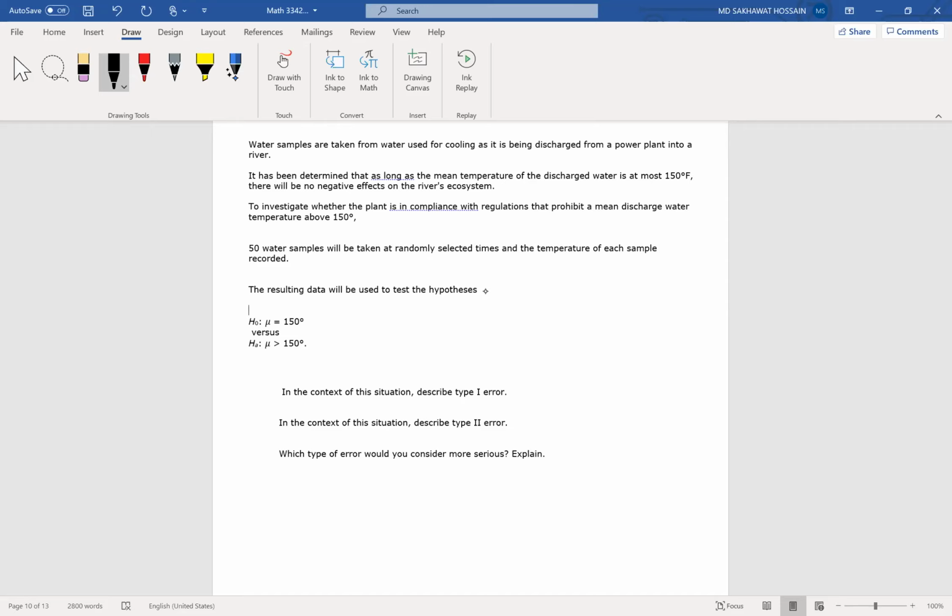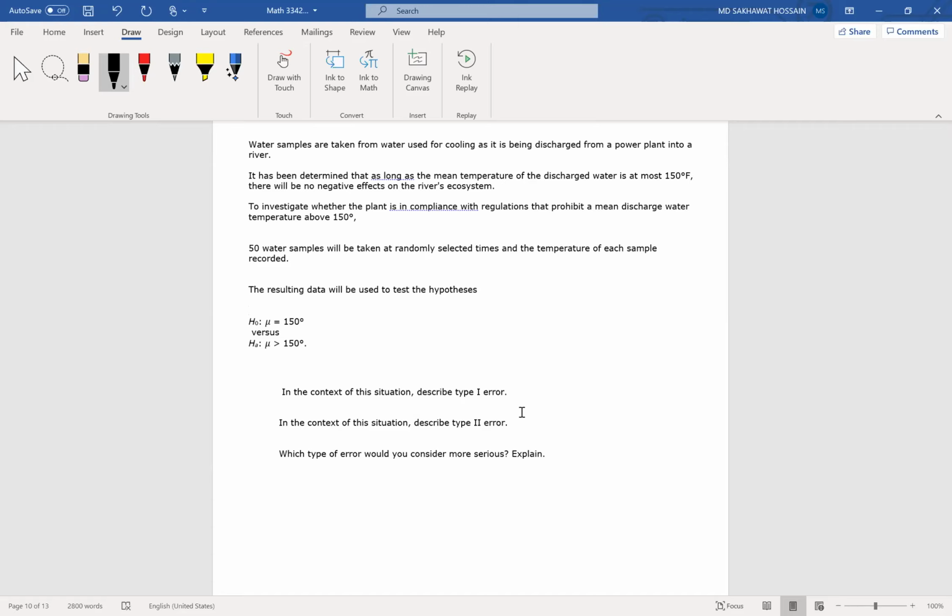That is not good for the environment. Now we are not going to do the hypothesis test, but we'll determine the type 1 error, type 2 error, and we'll also determine which error is more serious and what should be our level of significance.